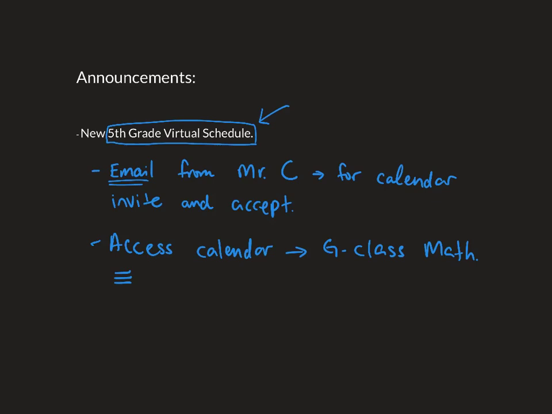Make sure that the calendar invite is labeled something like 5th grade schedule or 5th grade virtual schedule. When you click on accept, all that does is make it appear on your calendar for Monday, Tuesday, Wednesday, Thursday.